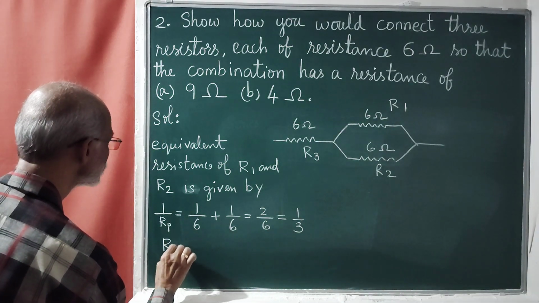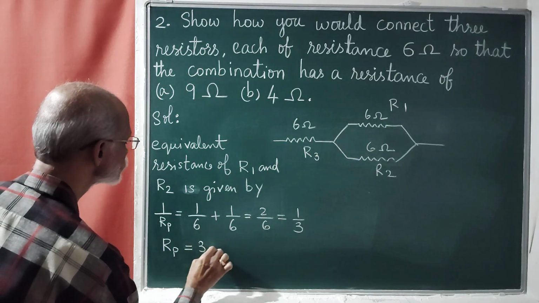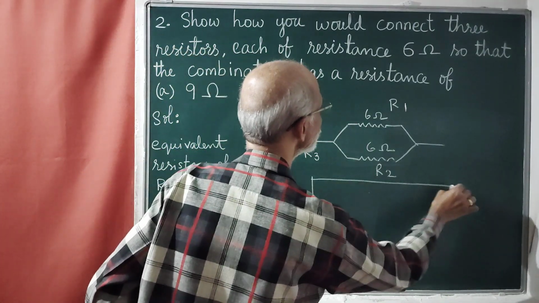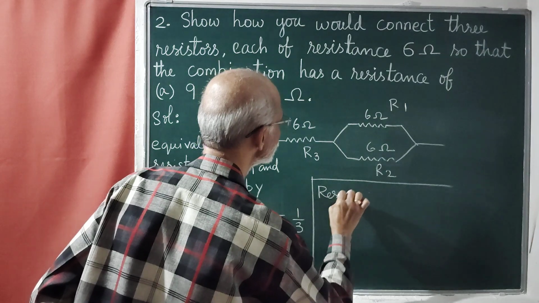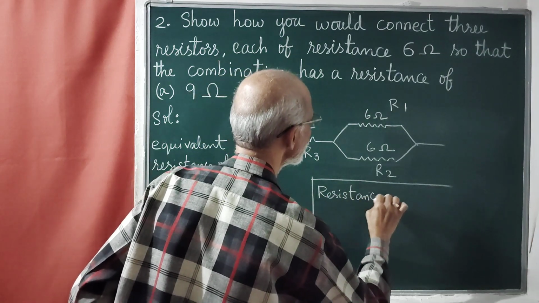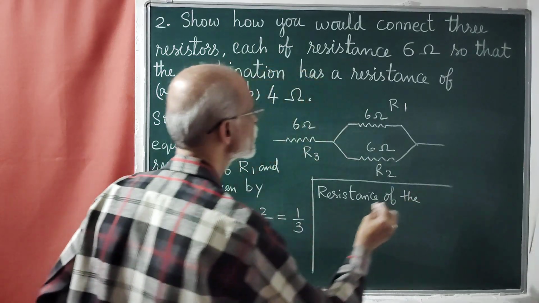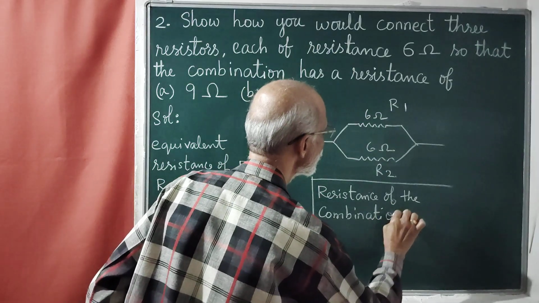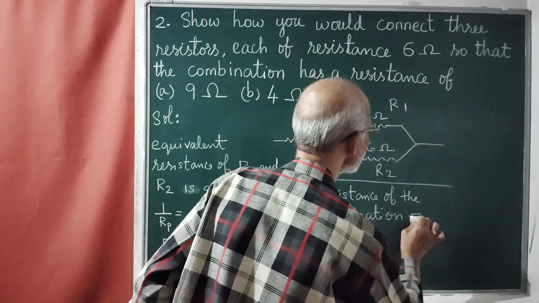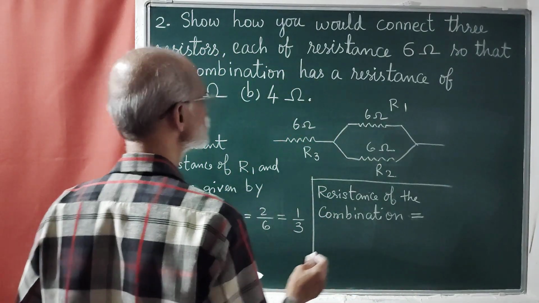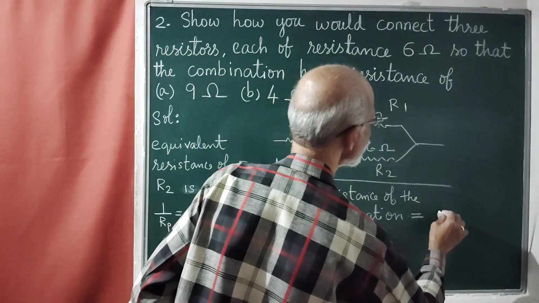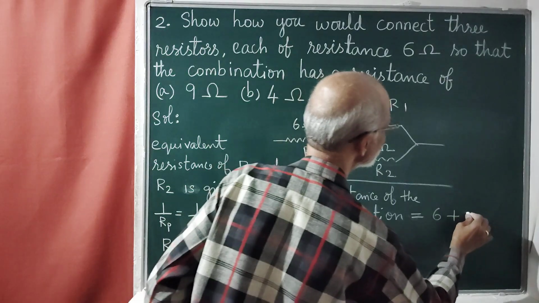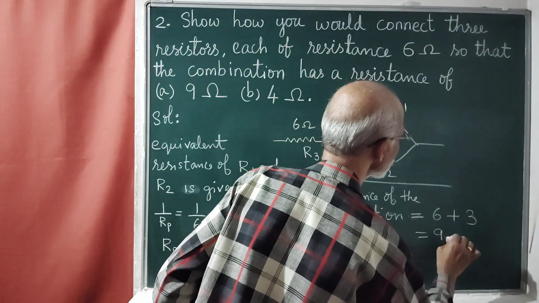So Rp is equal to 3 ohms. Resistance of the combination is equal to 6 plus 3, which is equal to 9 ohms.